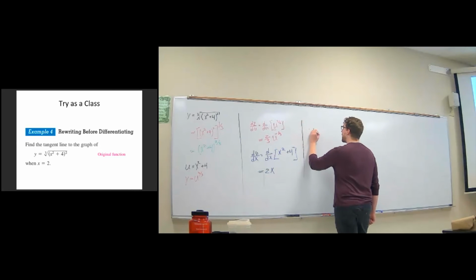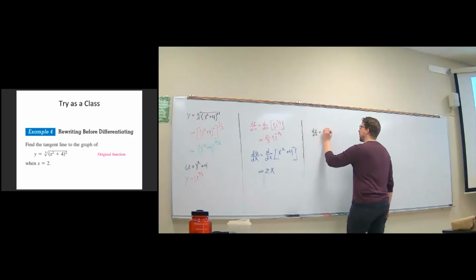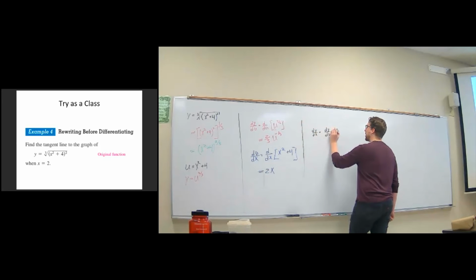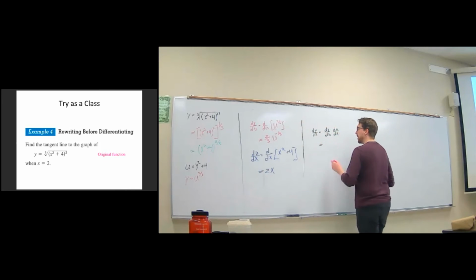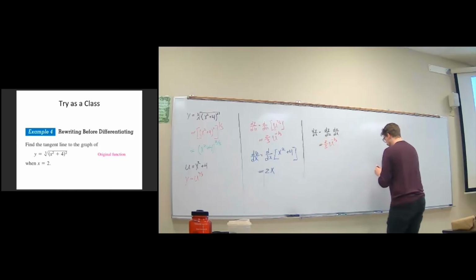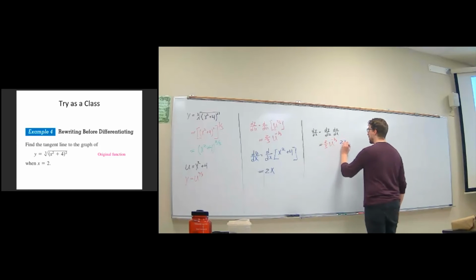So dy dx, well, that's going to be equal to dy du times du dx. That's equal to 2 over 3 u to the negative 1/3 times 2x.